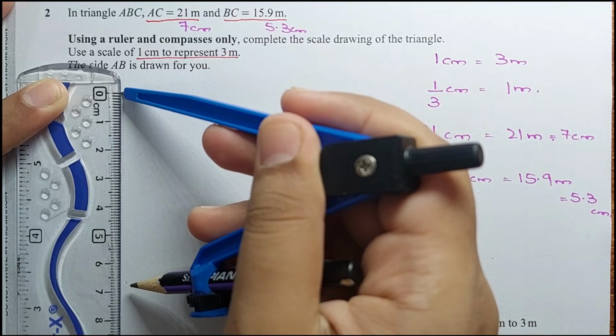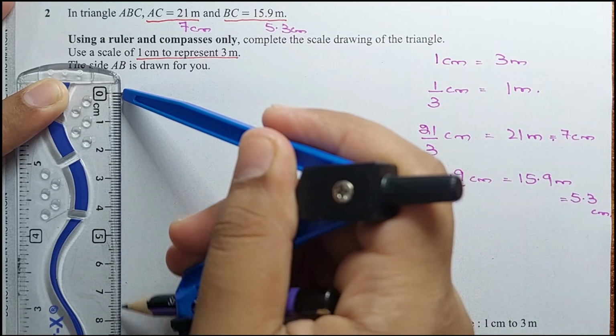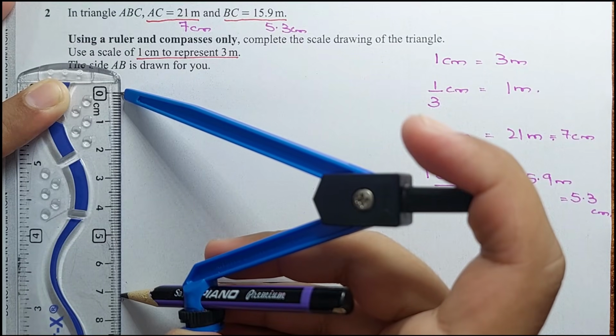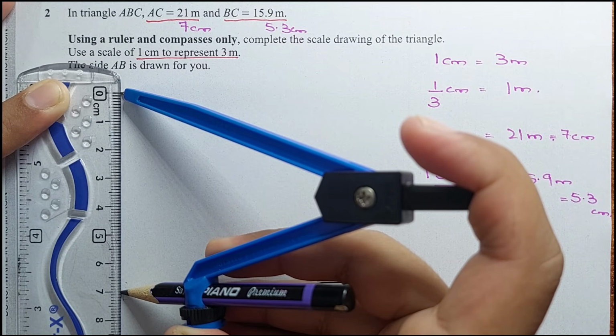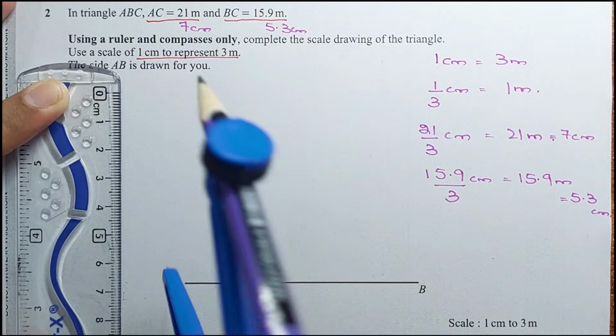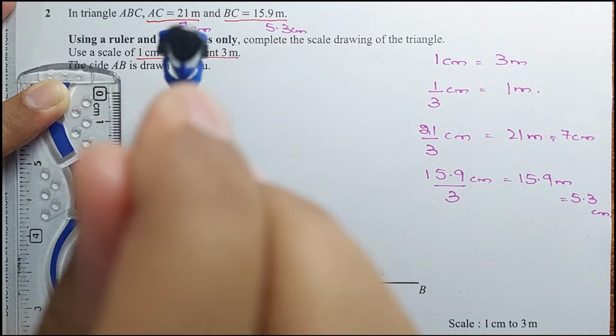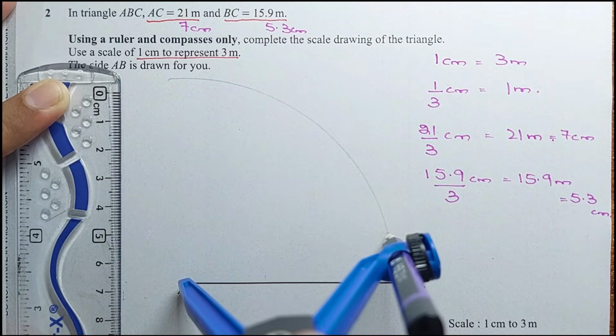A little bit wider. A little bit less. Yeah, that is 7 centimeters. So put the compass on A and draw an arc of length 7 centimeters.